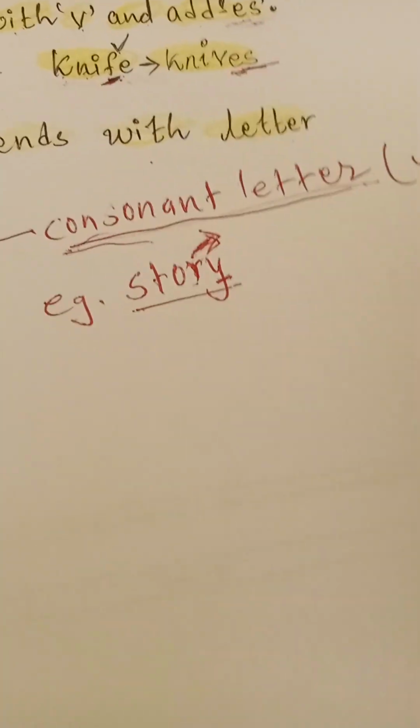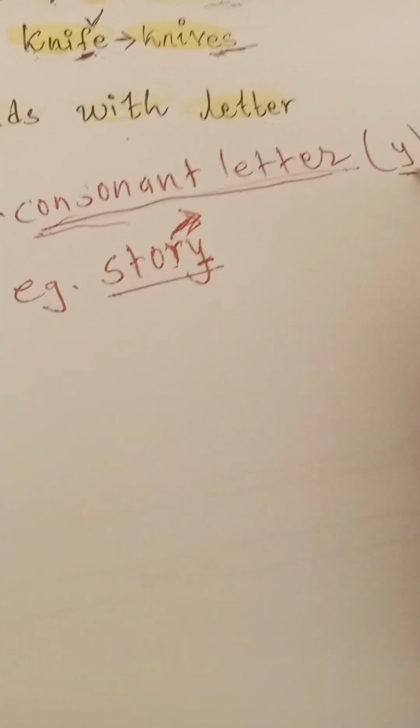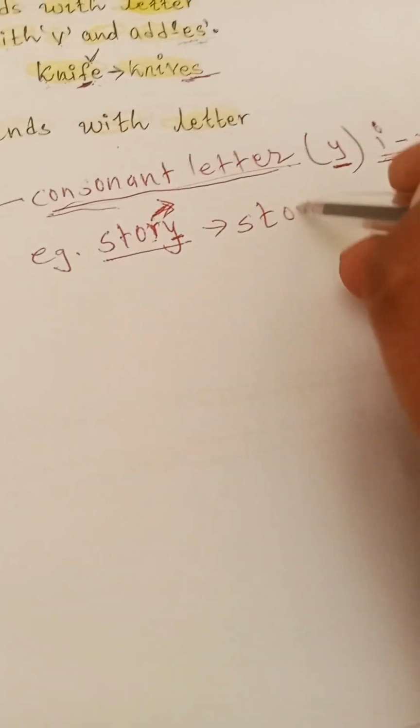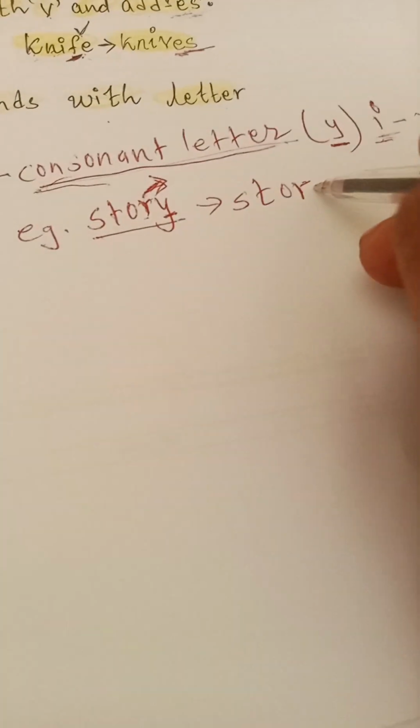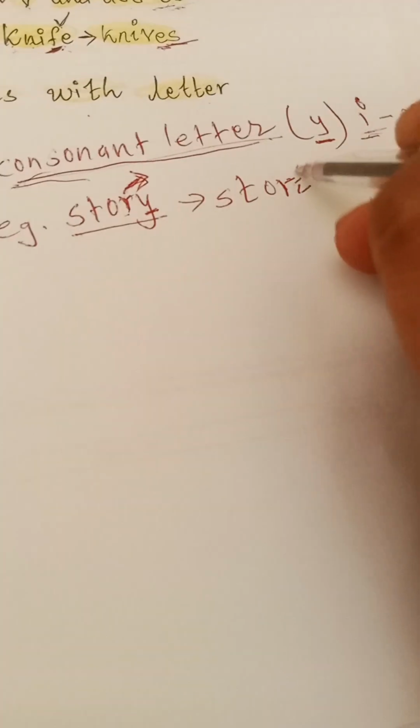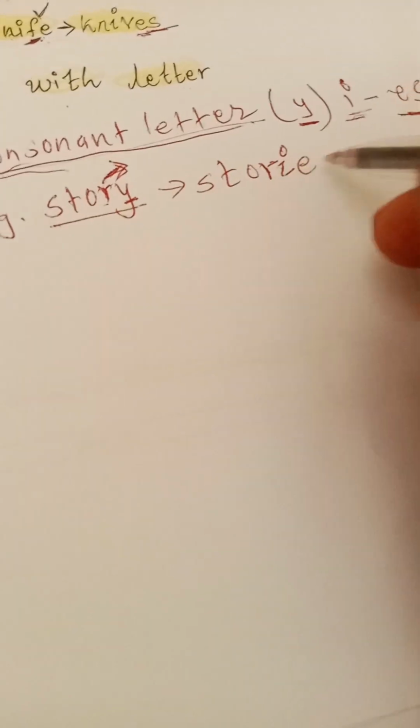So in case of a consonant letter we have to replace that Y with I. So its plural form is STOR, in place of Y we add I, then we add ES, stories.